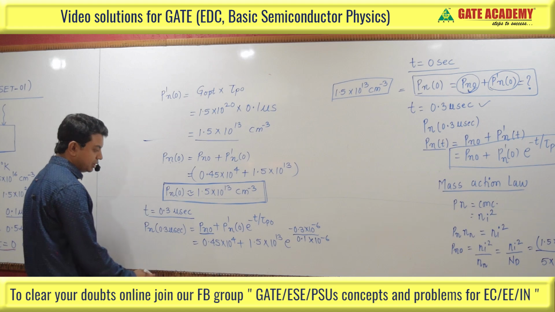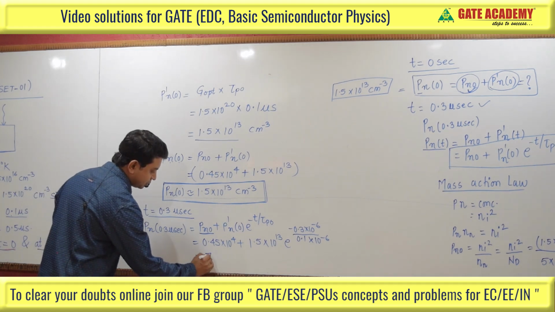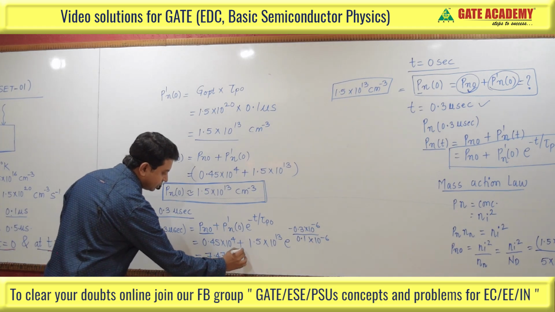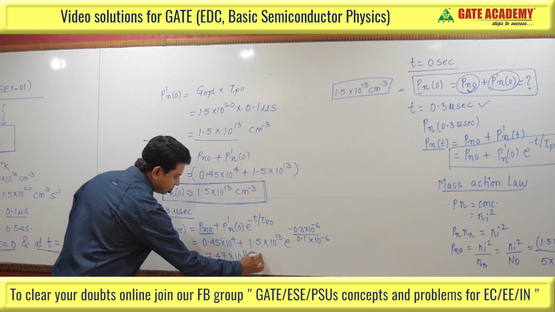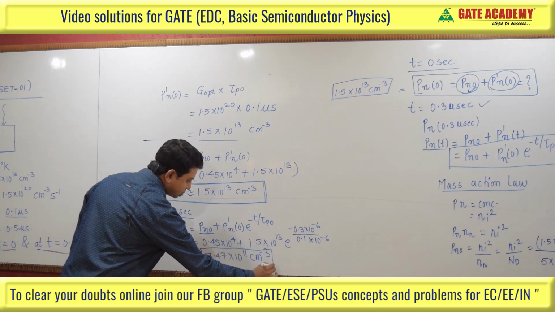If you solve this equation, we get the correct answer, 7.47 × 10^11 per cm³.